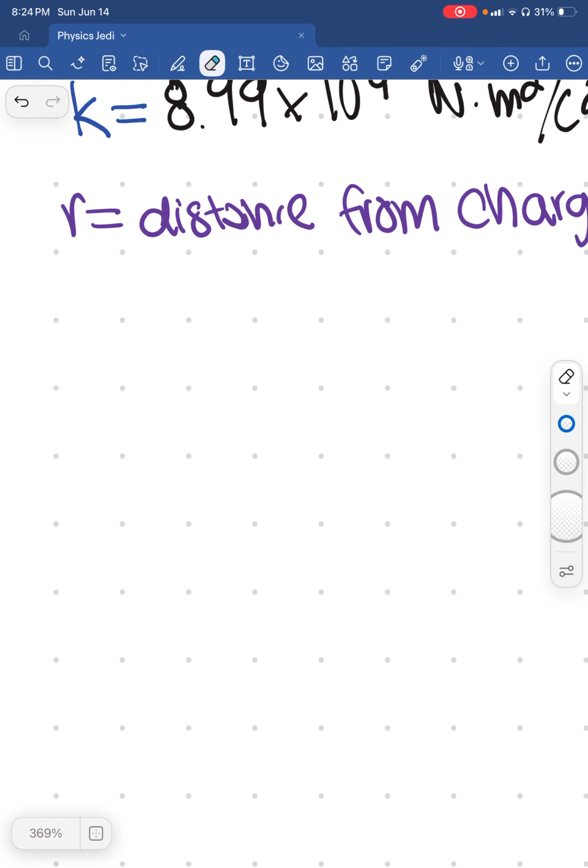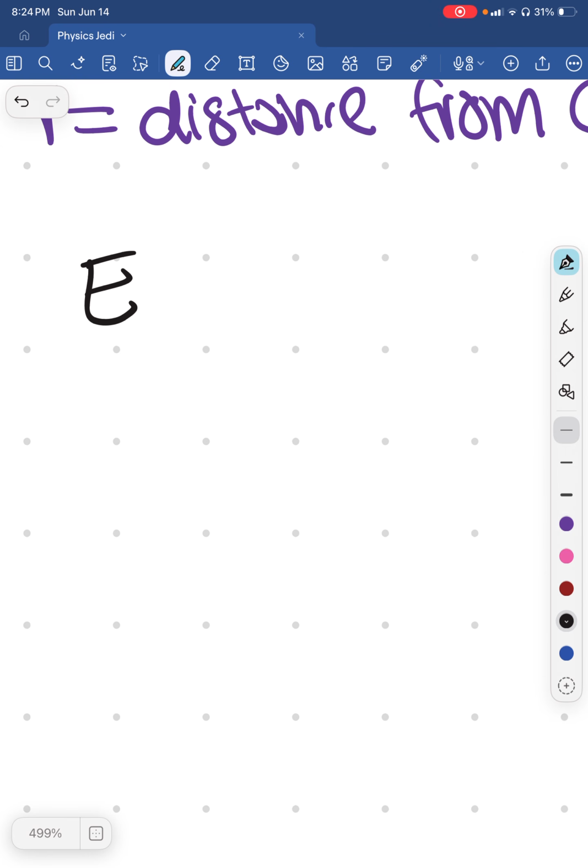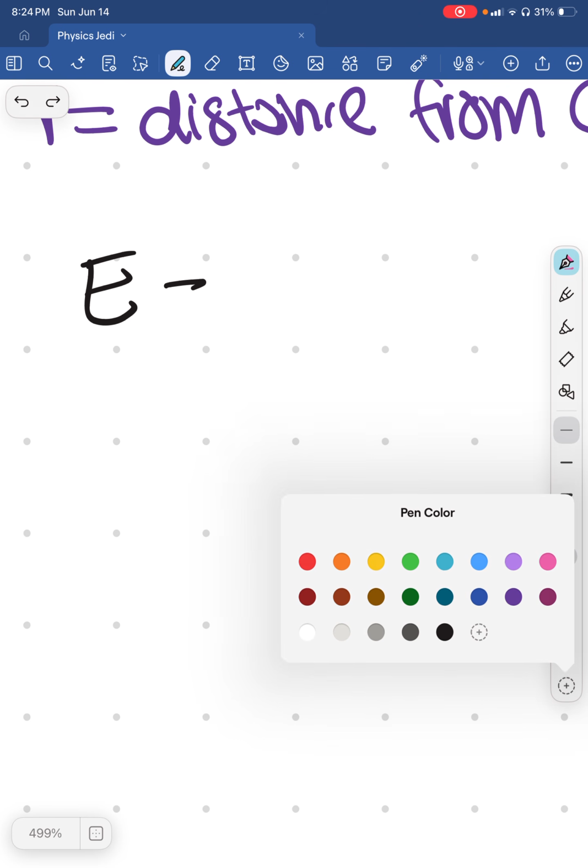So we're going to use Coulomb's law. We're going to do it all in one color, green, because it's our equation.